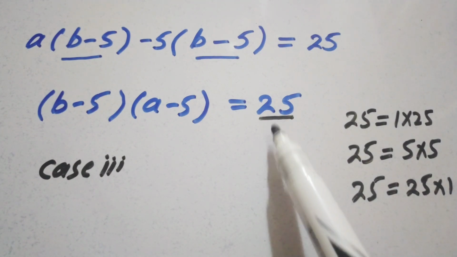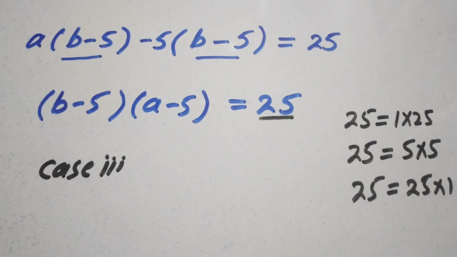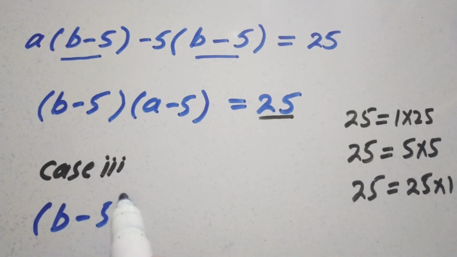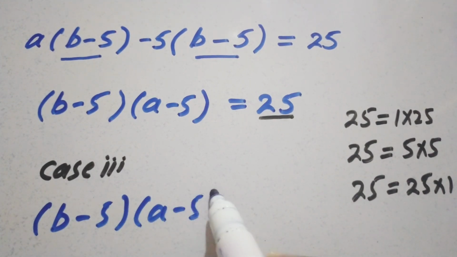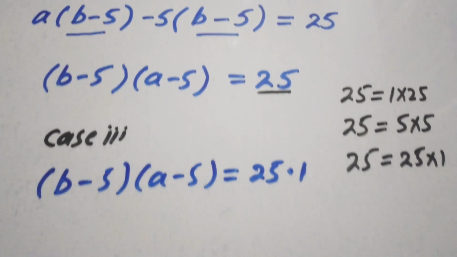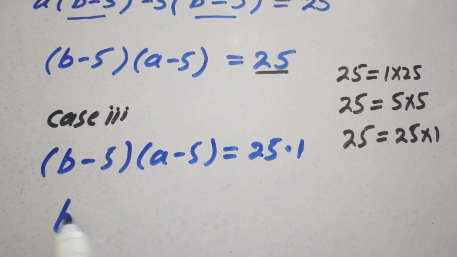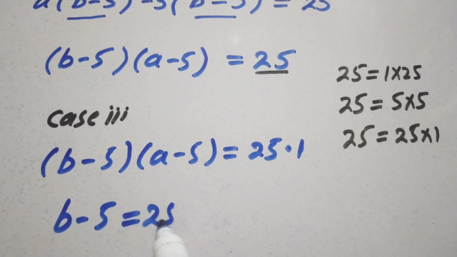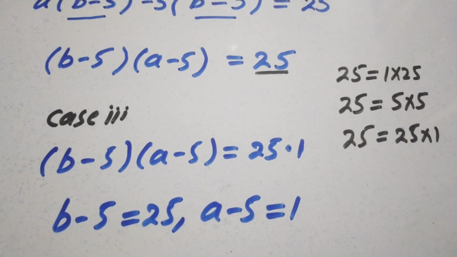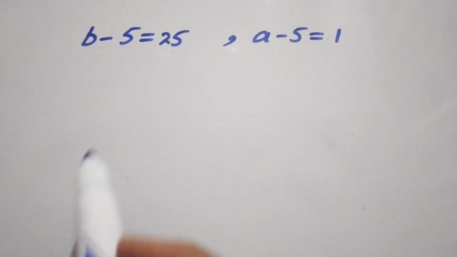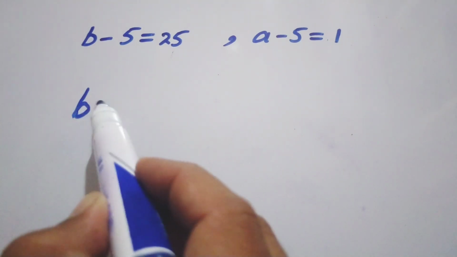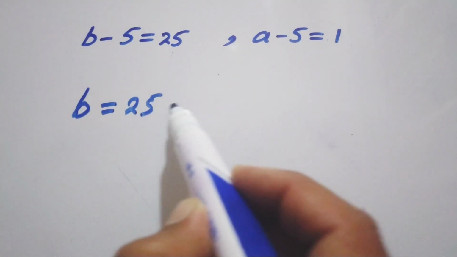In case 3, we will put 25 as 25 multiplied by 1. So this will become b minus 5 into a minus 5. This is equal to 25 multiplied by 1. So from this, b minus 5 is equal to 25 and a minus 5 is equal to 1. Now by moving minus 5 from left hand side to right hand side, this will become positive 25 plus 5.